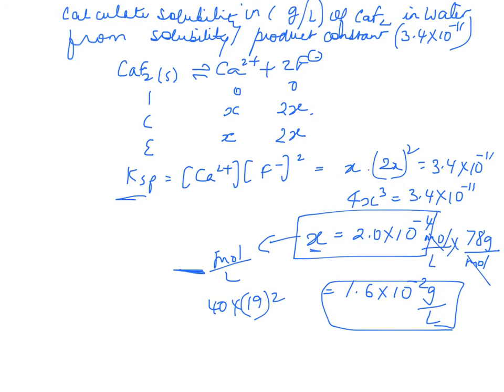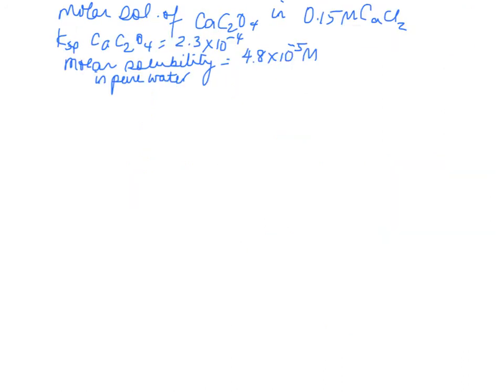All right, let's do another one. Let's take a look at another one, and I think this is going to be the last one. Molar solubility of CaC2O4 in 0.15 molar CaCl2. So my equilibrium is for calcium oxalate, and I'm saying that I already have some CaCl2 in the system, so hopefully you can see that the backward reaction will take place, so your molar solubility should decrease.